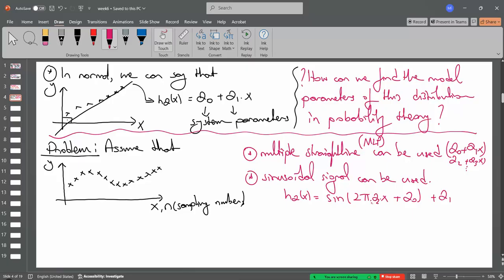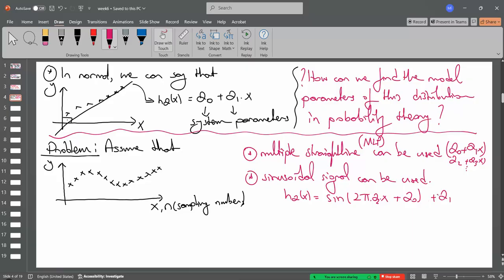If we solve this problem as a mean square error problem, we can define the gradient based on this model, and this looks like a sinus signal, so maybe we can find theta 2, theta 0 and theta 1.